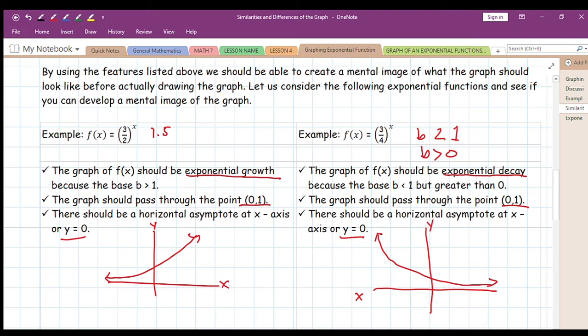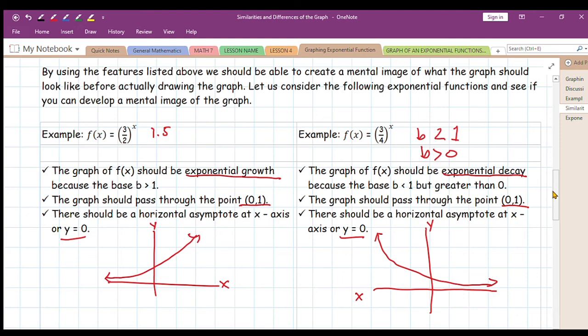By knowing its base, with a given function of this form, we are now able to develop a mental image of each graph. Ano po? By knowing if the base is greater than 1, or if it is less than 1 but greater than 0.